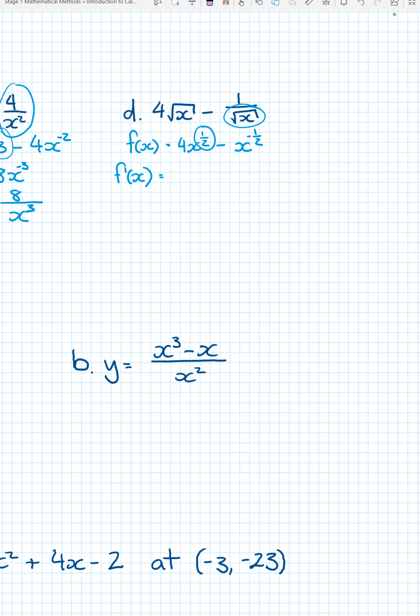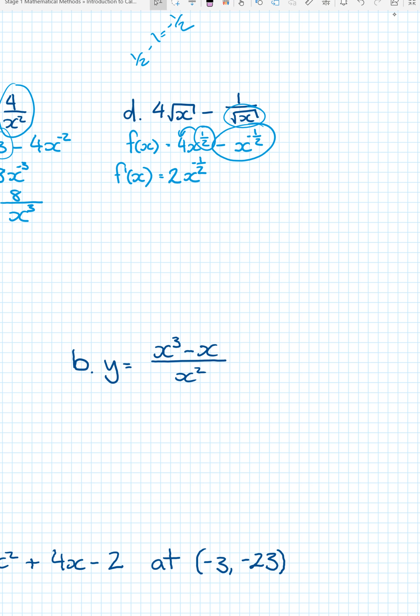We're going to multiply the number out the front by the power to start off with. 4 times a half gives us 2. A half subtract 1 is negative a half. So we are now to the power of negative a half. Now we look at our next term here.